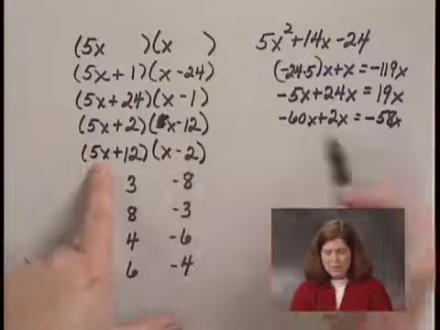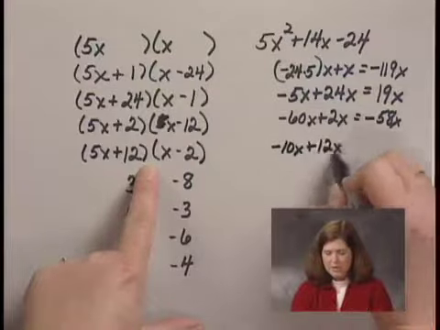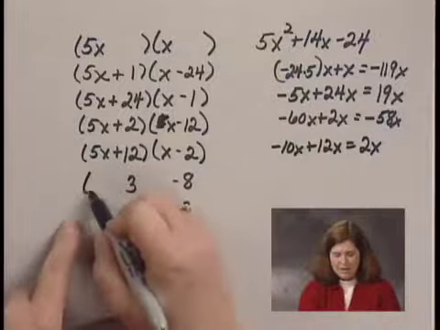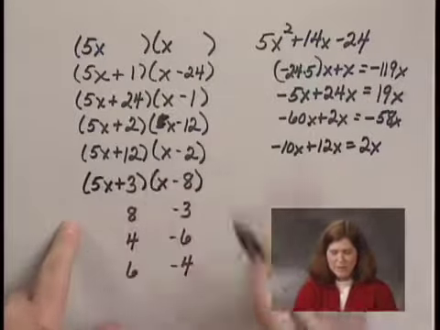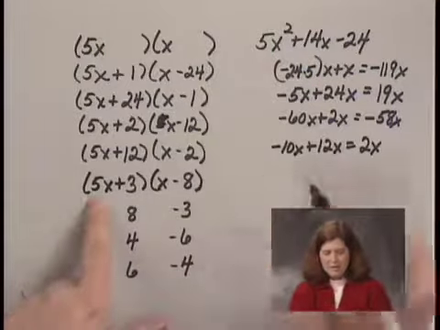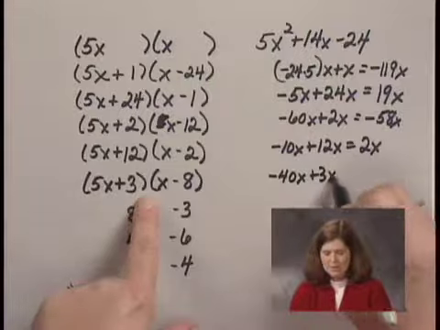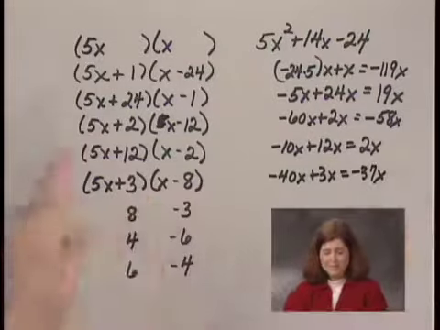My middle term will be negative 10x plus 12x, which is 2x. That's not 14. I'll try 5x plus 3, x minus 8. My middle term will be negative 40x plus 3x, which is negative 37x. That's not 14 or negative 14.